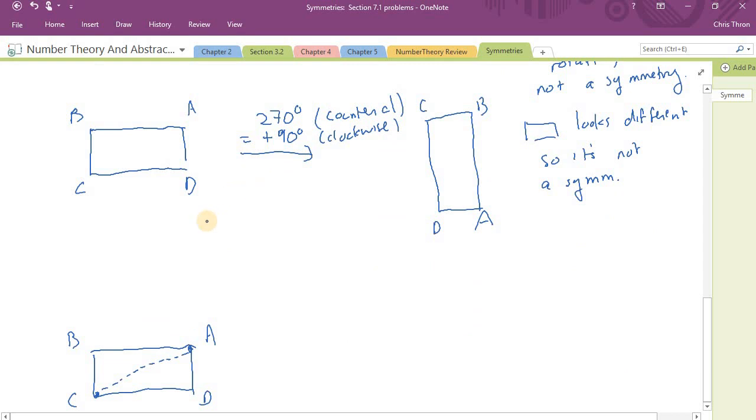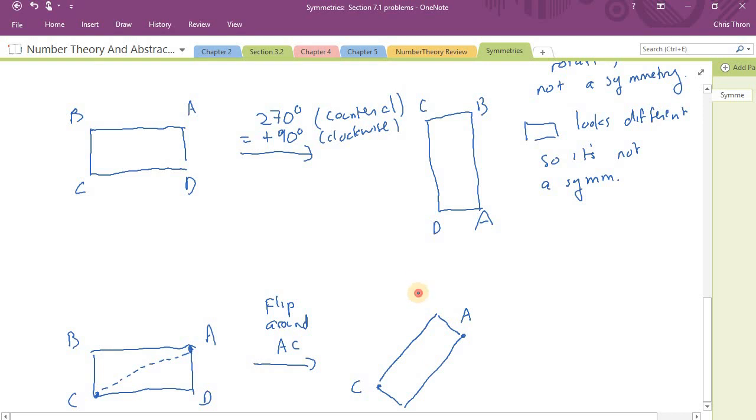All right, so this is going to be a flip around AC. All right, so as I said, A and C are going to be in the same place. But somehow this long side from A to B is going to go down, and it's going to look something like this. B is going to be down there, and the D is going to be up there.